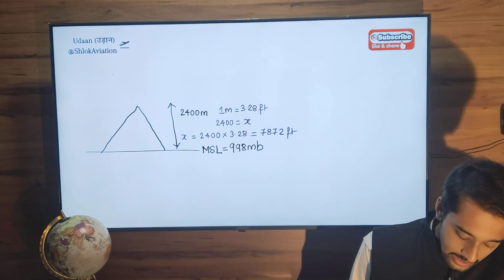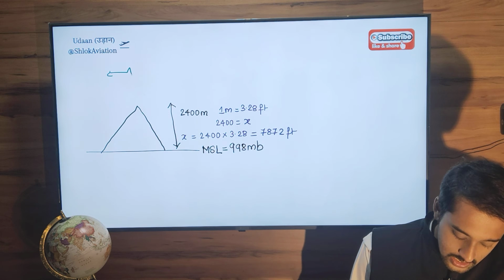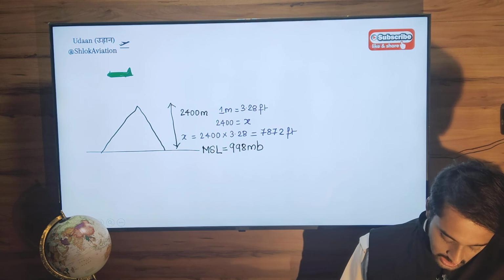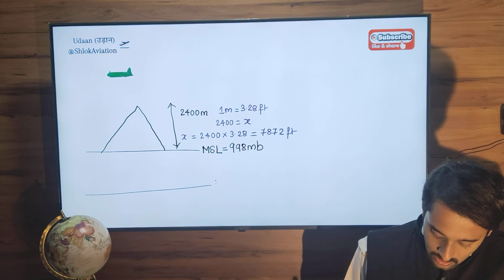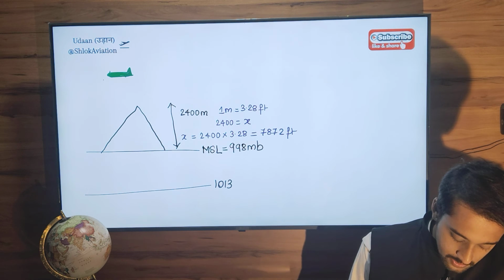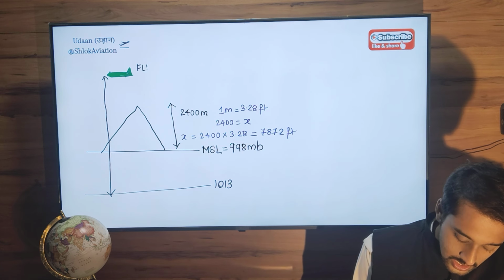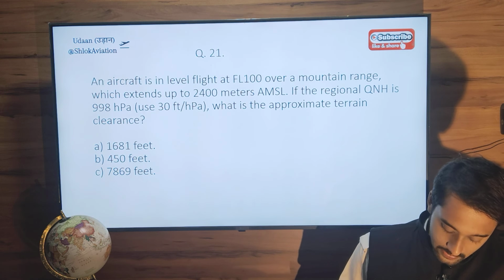Then you have an aircraft flying over this mountain, and that aircraft is flying at a pressure level 1013, flight level 100, 10,000 feet.